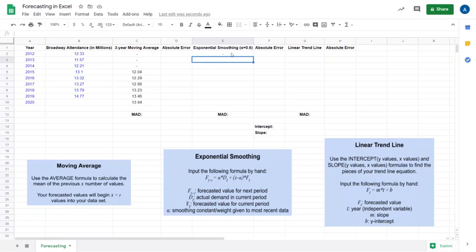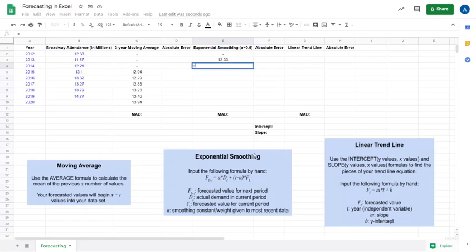Because I don't have a forecast here, I don't actually have enough to form my formula. So I'm kind of just assuming that both D sub t and F sub t are 12.33, which means that I'm going to forecast for 2013 as 12.33. From there, now I can input my formula.